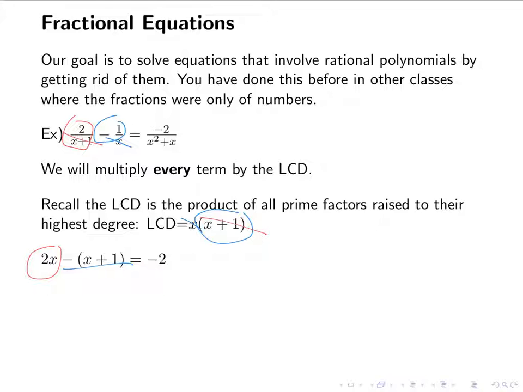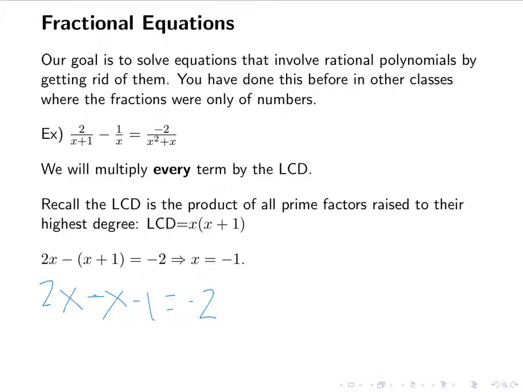On the right-hand side, the LCD is the denominator, so everything cancels, and you're just left with the numerator. When we solve that, we get x equals negative 1. Right, you'll distribute your negative, so 2x minus 1 equals negative 2. X equals, add the 1 over negative 1.